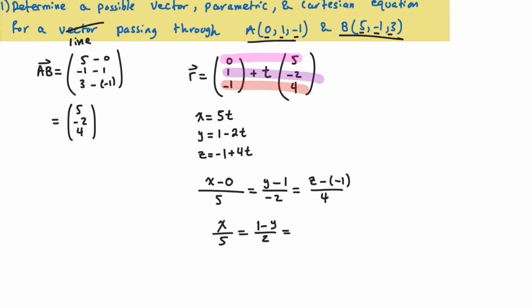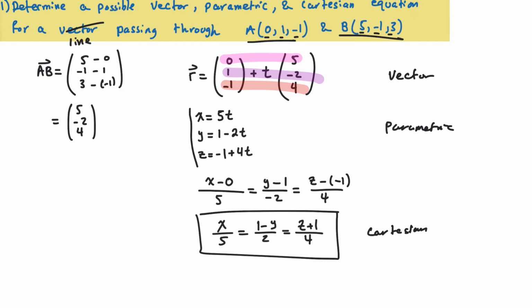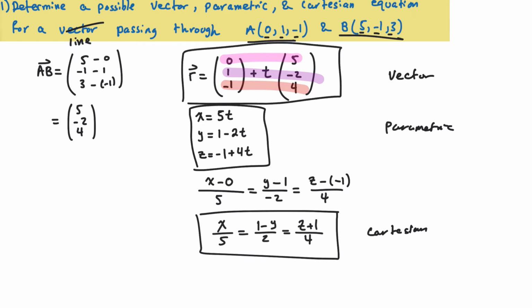And that is going to equal z minus -1, which is the same as z plus 1 divided by 4. So I will have my vector, my parametric, and my Cartesian form here.